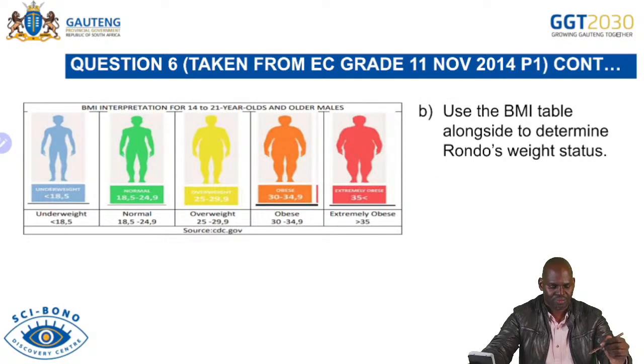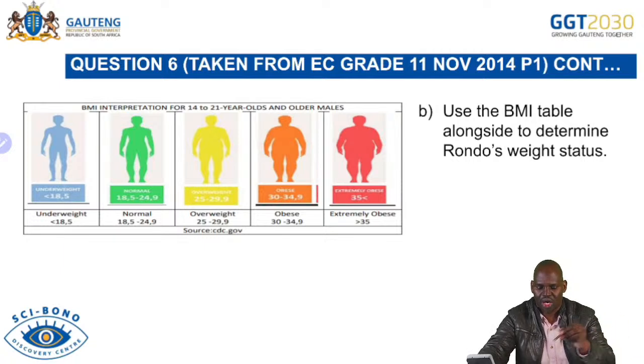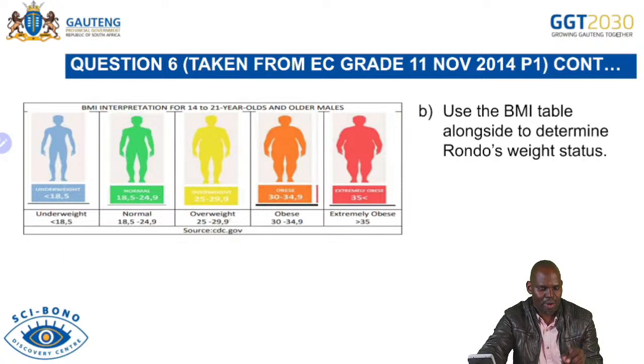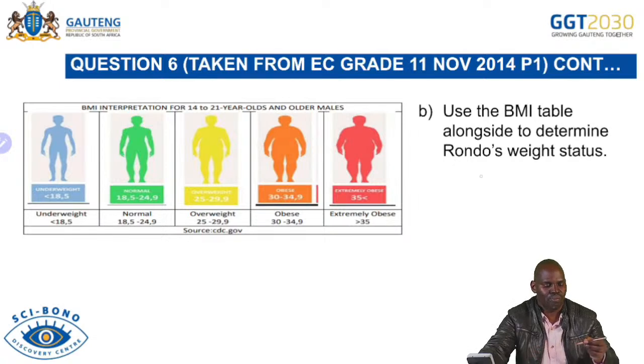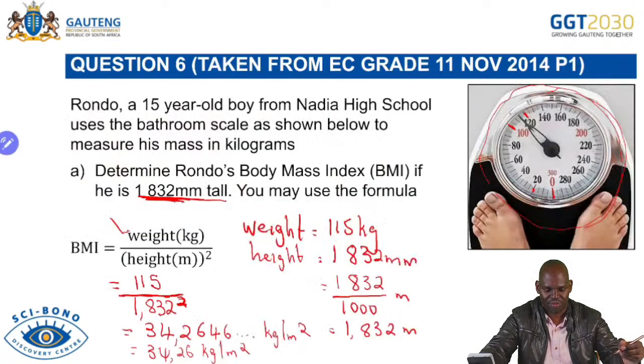Right, then question 6B is based on the previous question. Use the BMI table alongside, remember, it's that infographic, to determine Rondo's weight status. So we have just calculated 34.26.